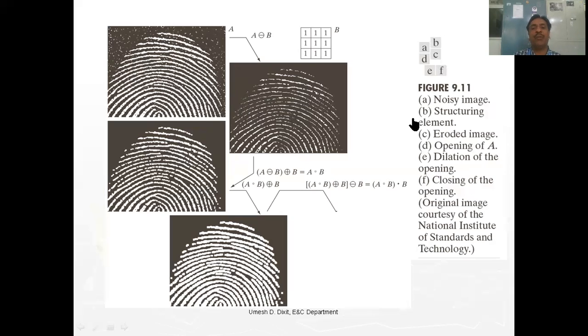This is one experimental result when we carry out these steps in this sequence, and we find an enhancement in the quality of the input image. So if we apply erosion, dilation, opening, and closing in a particular sequence, it is possible to improve the quality of the image.